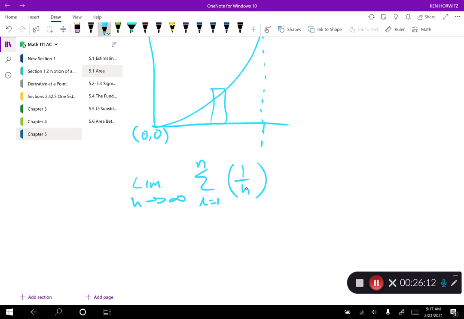Because that's the spacing. And then my height is going to take that and plug it into x cubed, but I need to move it along. So I need an i, otherwise it's just going to be a constant over n, the whole thing cubed. This is going to move it along ever so slightly, and it's going to allow us to get this area as good as we can get it.